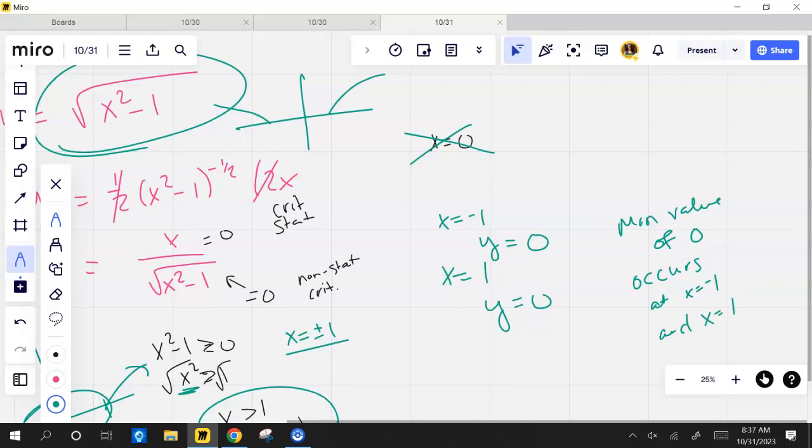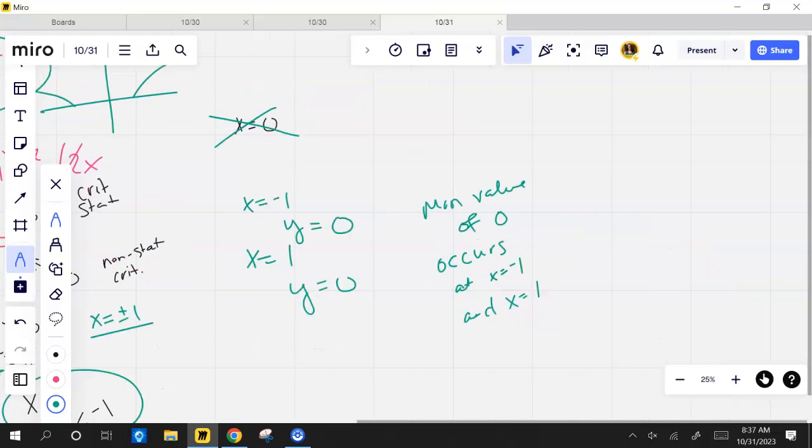It is an absolute minimum value, yes, because that's the minimum value of the function itself. Yes, the absolute minimum value of the function. What else did y'all say? 27.